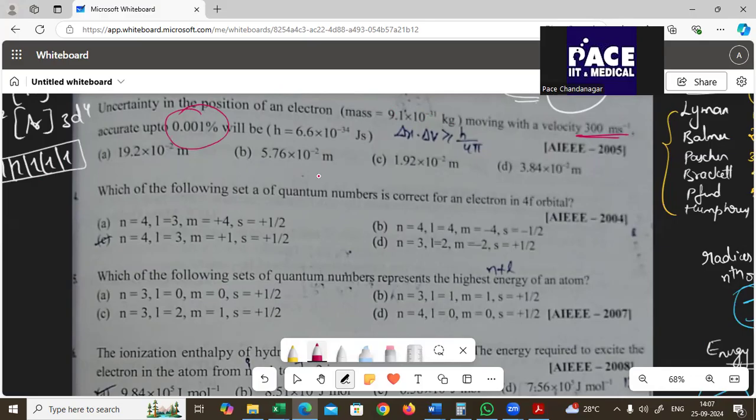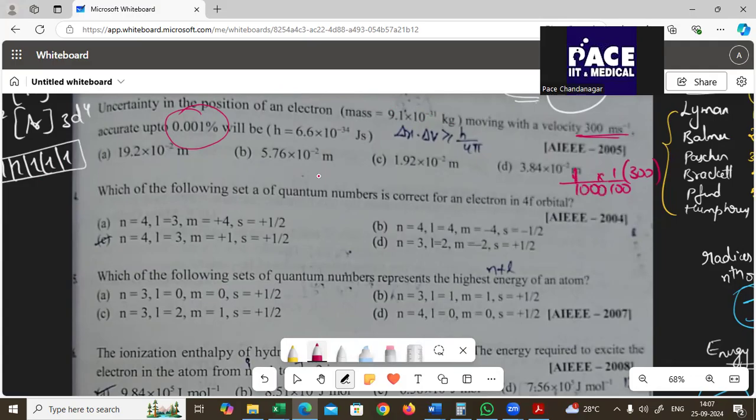So calculate it now. This will be your 0.001%, which is 1 by 1000 into 1 by 100 into 300 meters per second, right? So the uncertainty in the position should be how much?